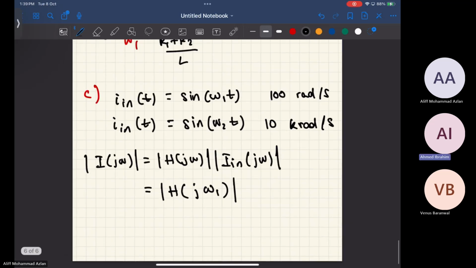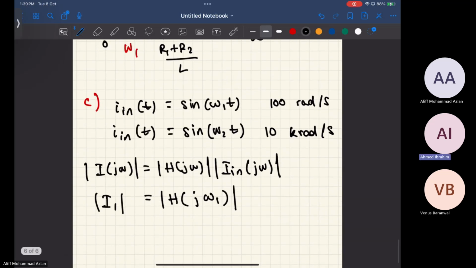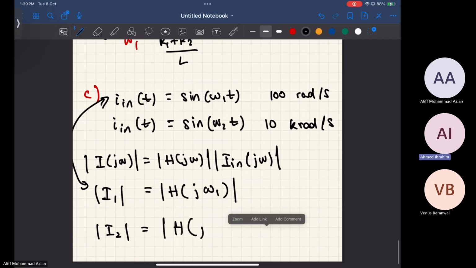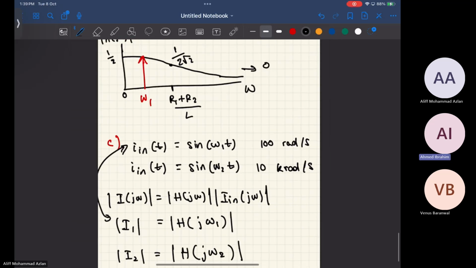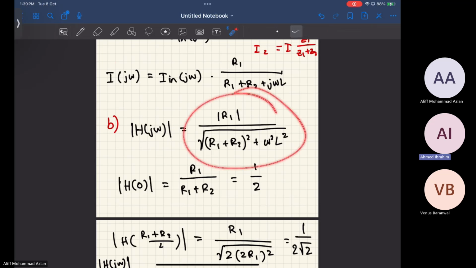So for example, this could be I1, the magnitude for this input current, and similarly I2 will be the transfer function evaluated at omega 2. Essentially all we're doing is plugging those values into this formula here.